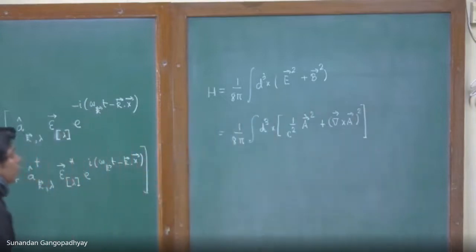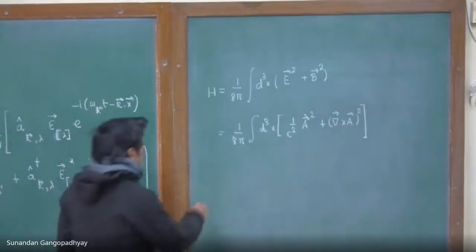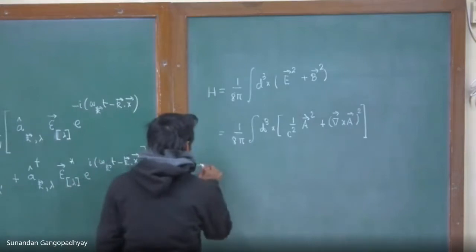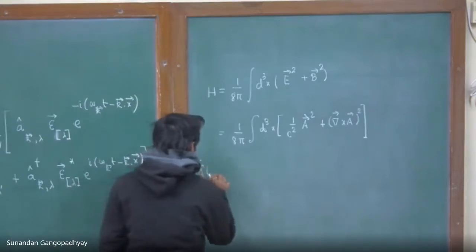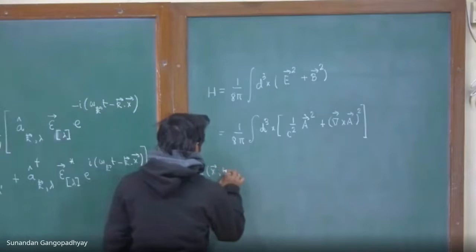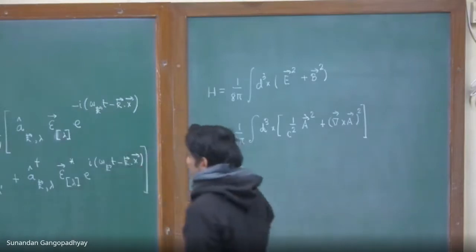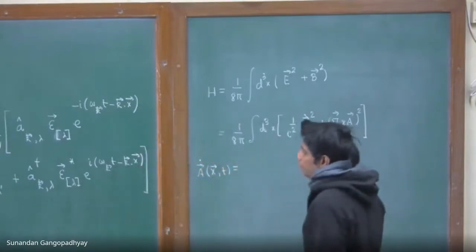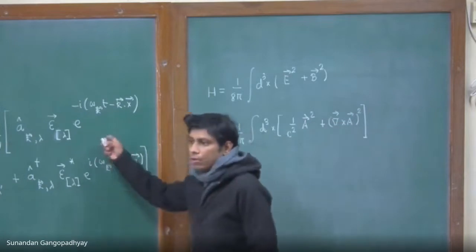So what we need to compute is the following. We need to first calculate what A dot is, and that is a simple thing to do. The mode expansion has been already given here.